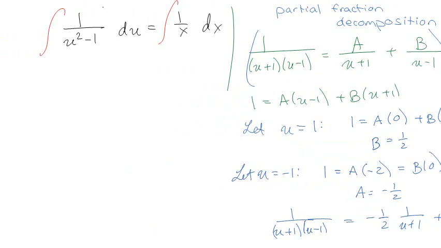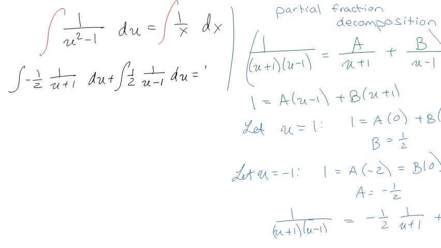So over here on the left, I'm going to integrate negative 1 half over u plus 1 plus 1 half over u minus 1. I'll go ahead and separate those out, plus the integral, no specific reason except I just think maybe it'll be easier to follow.